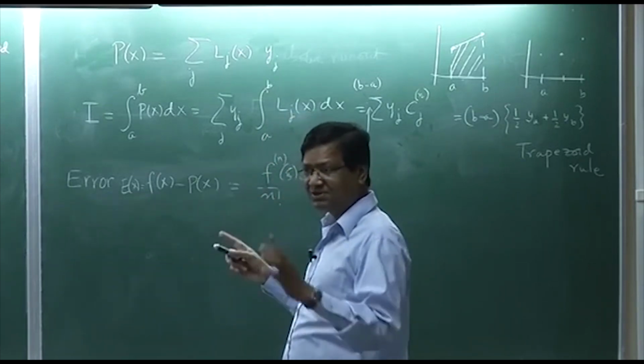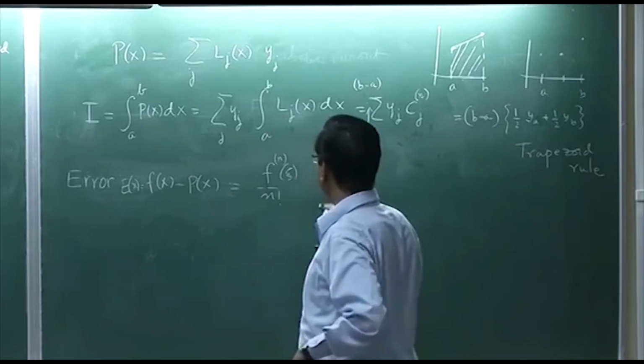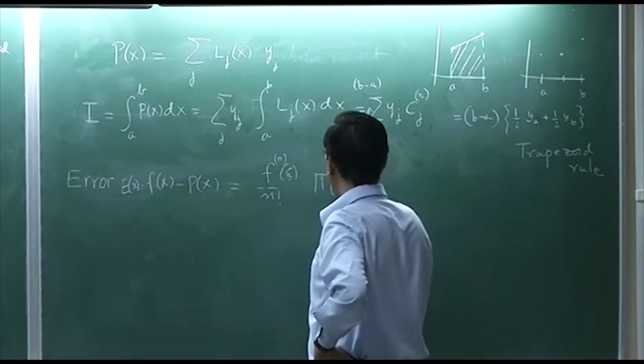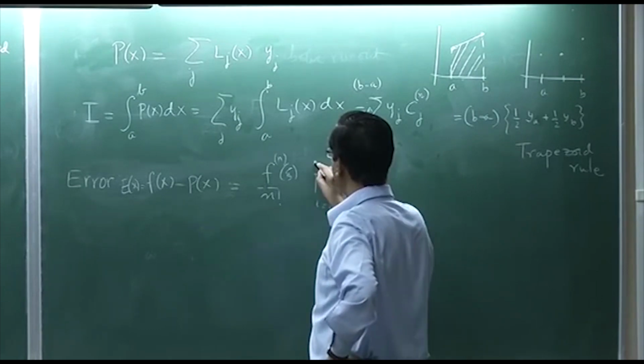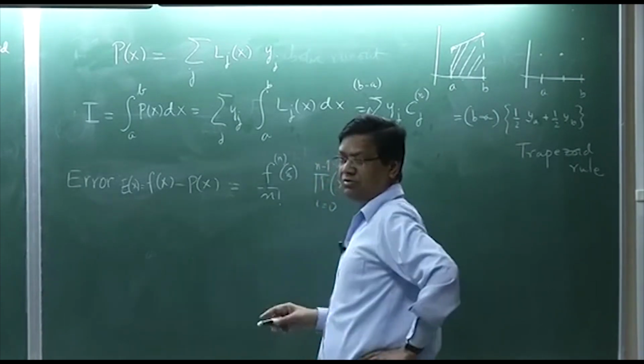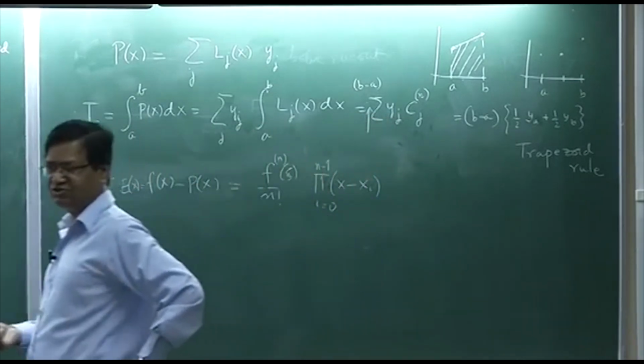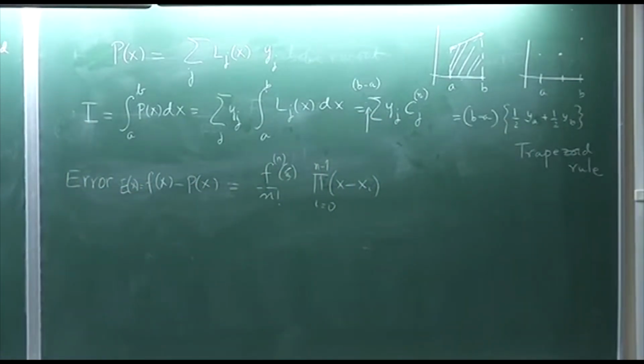We don't know what zeta is, but zeta is a point in between. Times the product of (x minus x_i), i goes from 0 to n minus 1. Okay, so this is the error in the function. We don't know zeta, but zeta lies in between.